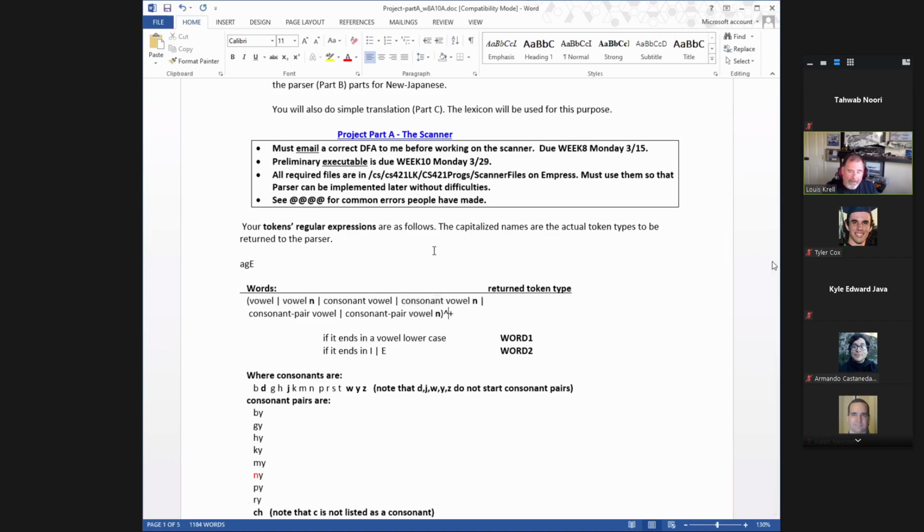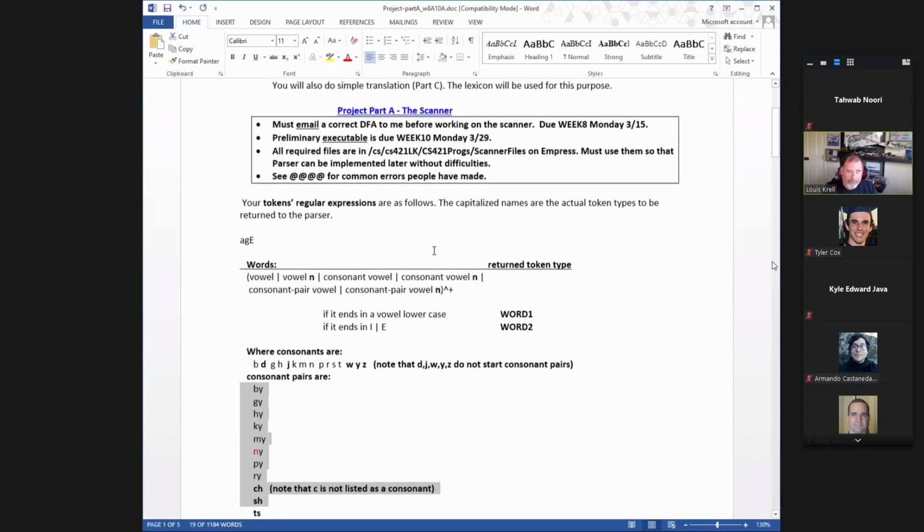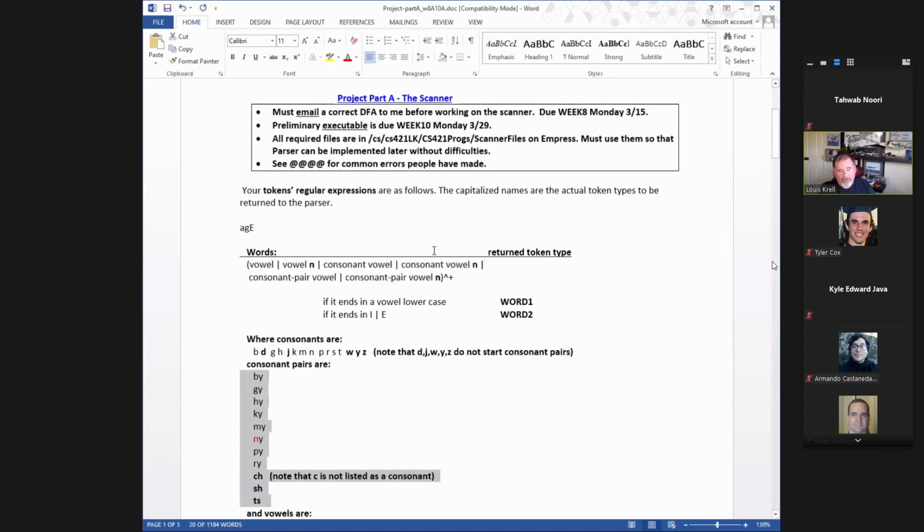And a consonant pair is restricted to these sets of characters: a B followed by a Y, a G with a Y, an H with a Y, K, Y, M, Y, N, Y, P, Y, R, Y, or C, H, S, H, and T, S. So there's your consonant pairs. There's your consonants. We know what vowels are.